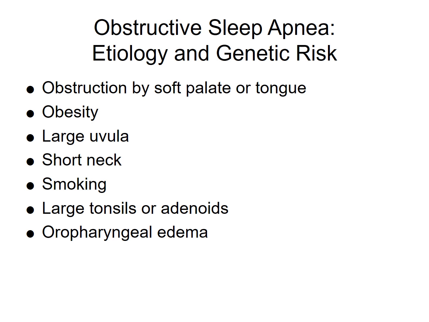Adults with the genetic disorder of achondroplasia, or dwarfism, have a high incidence of OSA. So this is the genetic risk. Adults with achondroplasia have a high incidence of OSA as a child and adult.